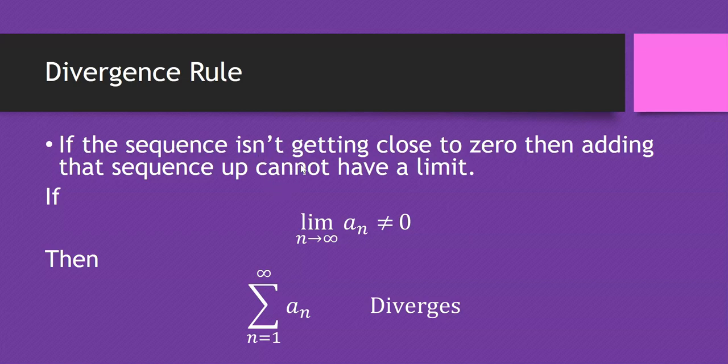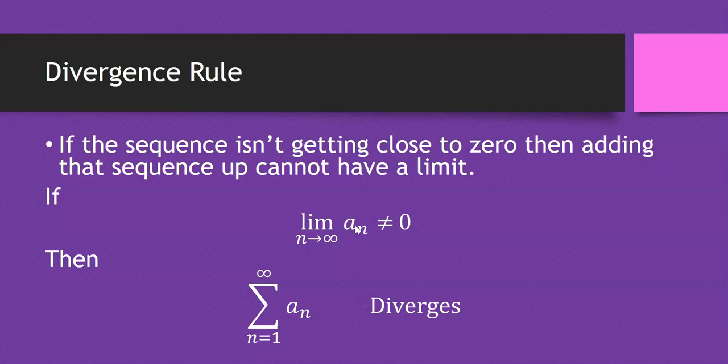So it says if a sequence doesn't actually get close to zero, then adding that sequence up is never going to give us a convergence idea. In other words, if the limit of the underlying sequence is not zero, then this infinite summation has to diverge.